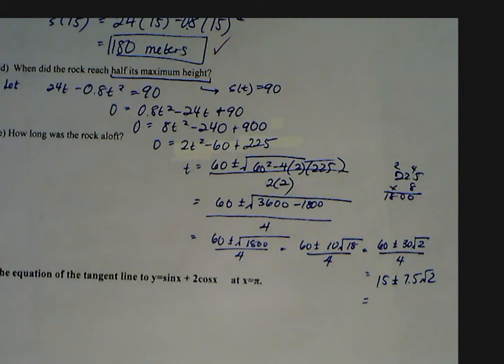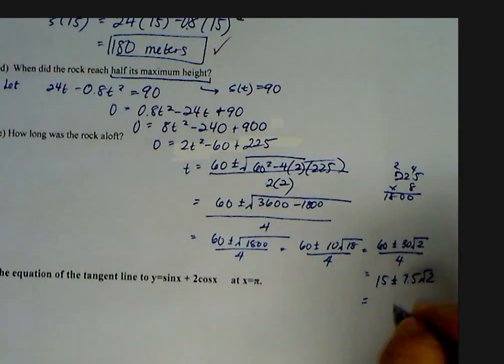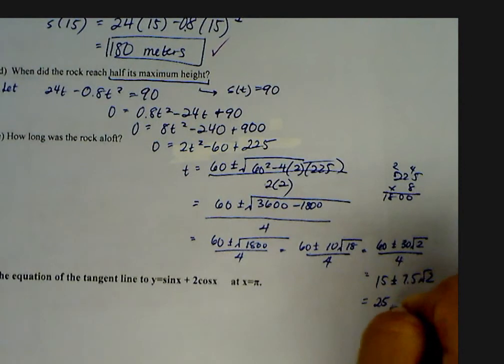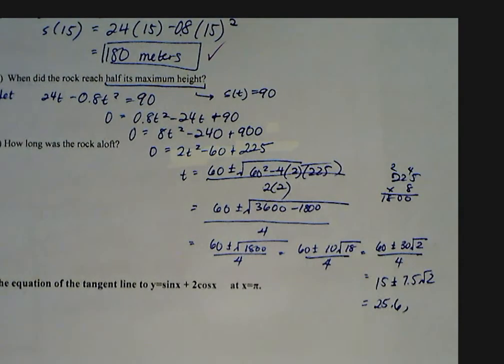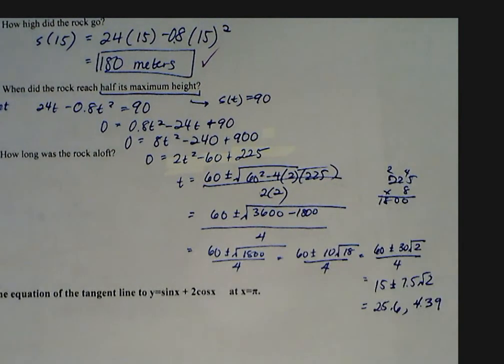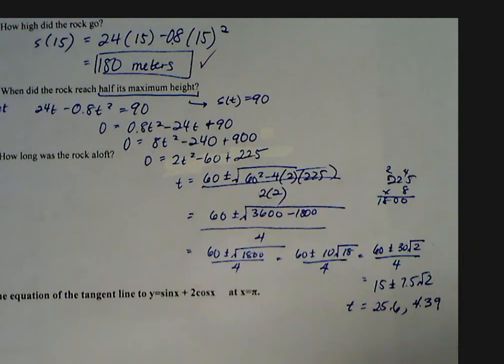So 15 plus 7.5 root 2 is 25.6. And then 15 minus 7.5 root 2 is 4.39. Miss, what if we didn't simplify? That's fine. You could still get the answer. So now how do you know what time it is? It gives you 2 times.